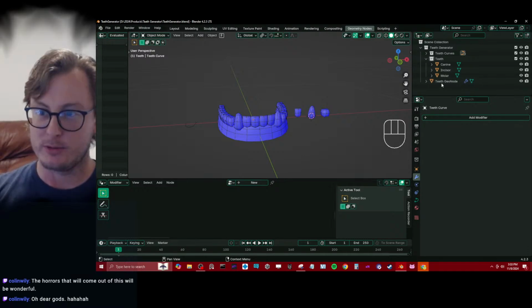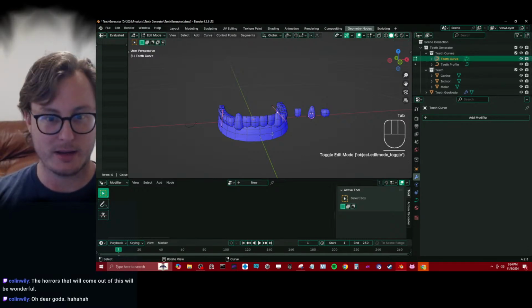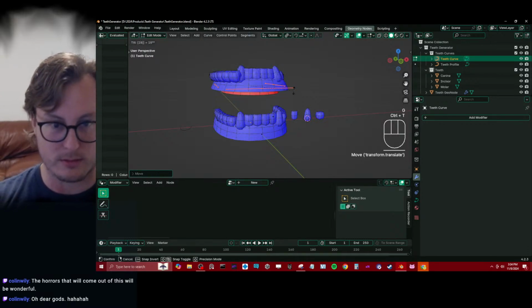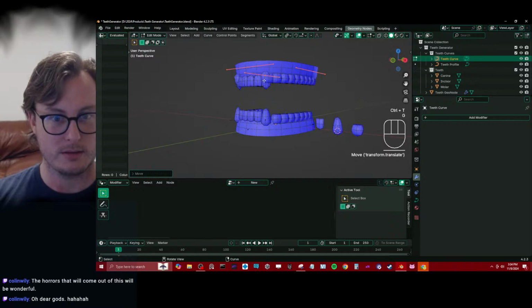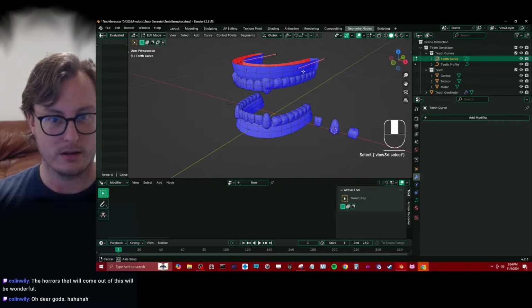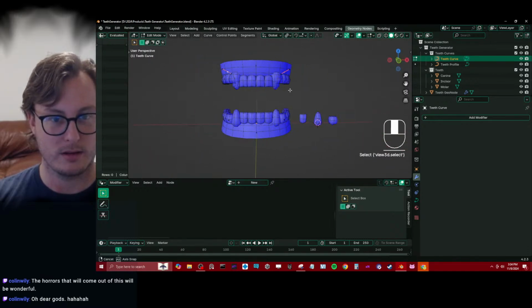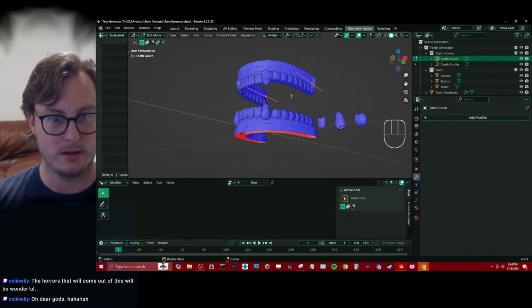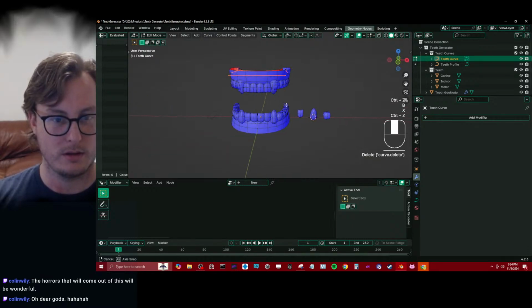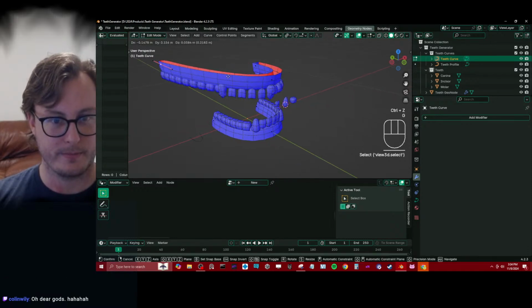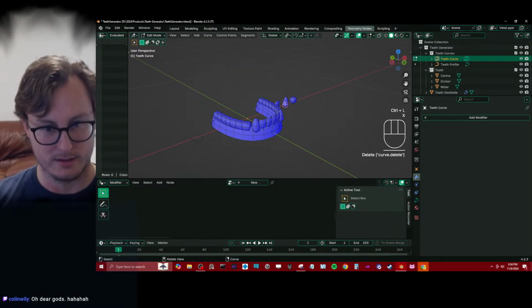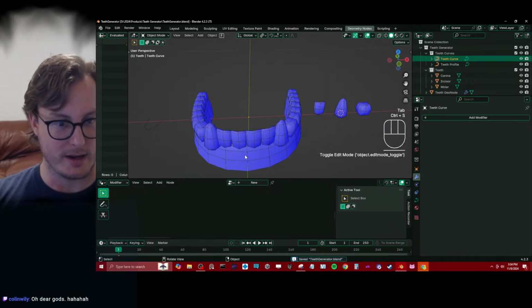Oh, what's cool is that I can already take my teeth, duplicate them, flip them. Still having some issues with the spacing here, but anyway, quite exciting.